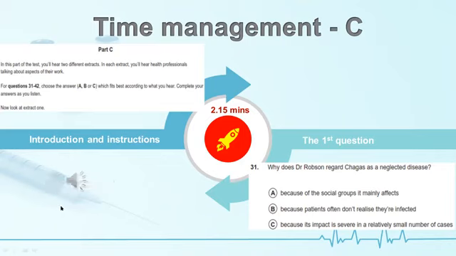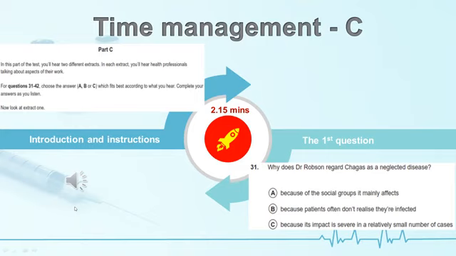Part C. In this part of the test, you'll hear 2 different extracts. In each extract, you'll hear health professionals talking about aspects of their work. For questions 31 to 42, choose the answer A, B, or C, which fits best according to what you hear.